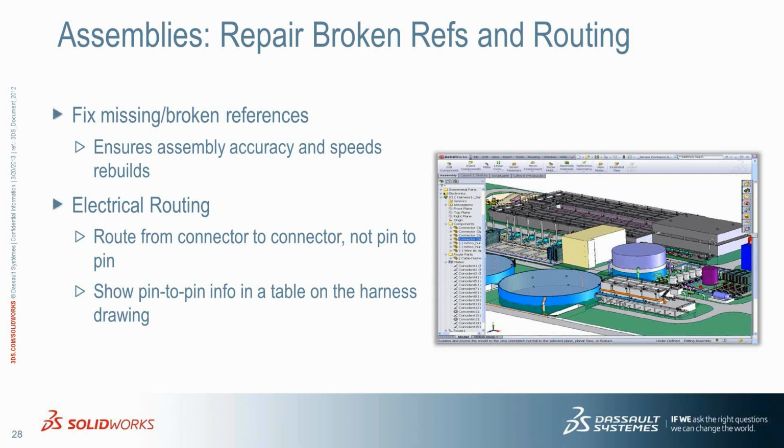I know we can break them now, but we want to make sure that you go back and do the fixing. The other one is just a tidbit about electrical routing. If you're doing any of that and you're doing pin-to-pin connections, that's a little bit slower as well, because of the references being created by doing so.